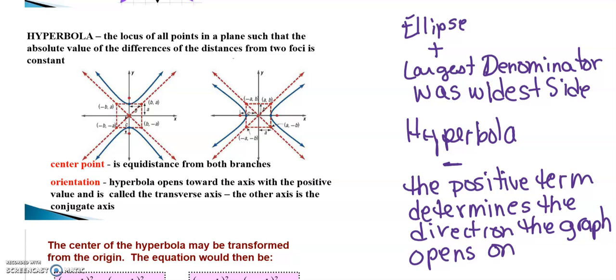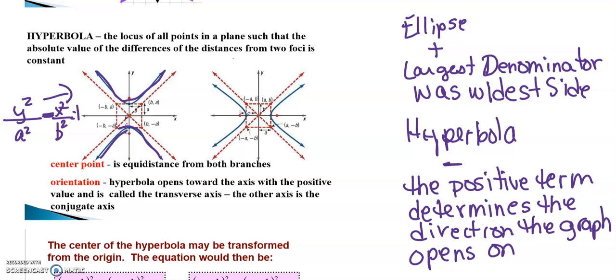Okay? Now, if you look at this first example here, notice how my hyperbola is opening along the y-axis. So that means that when they wrote this equation, the y term was the first fraction. Just so you're clear of that.